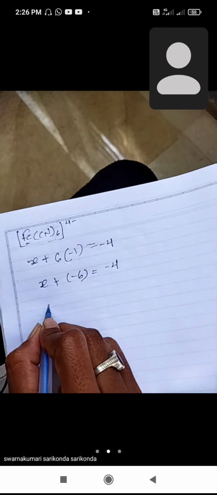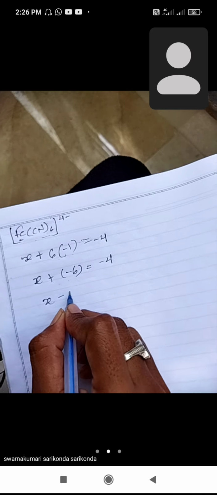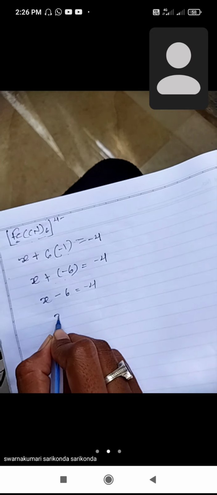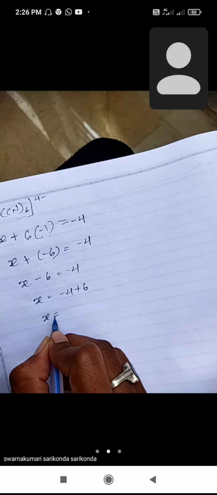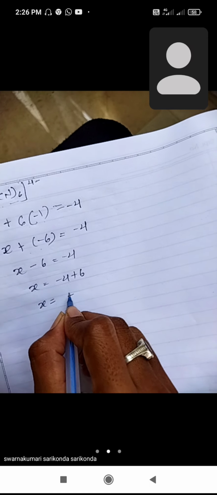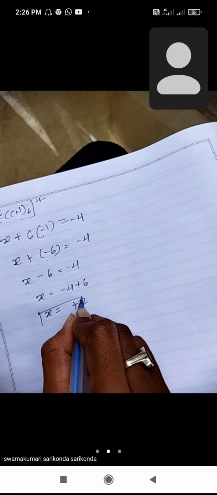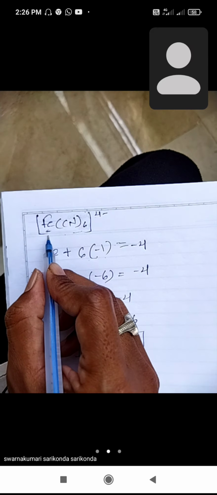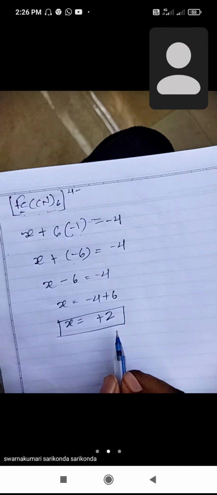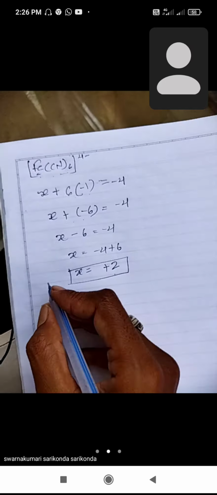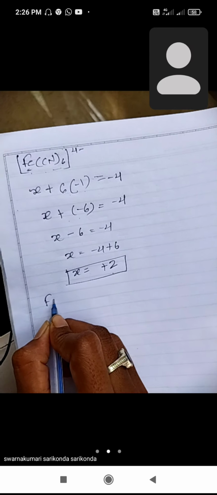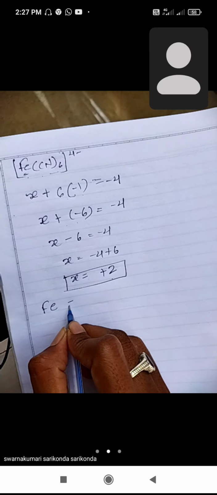So x is equal to minus 4 plus 6, so x is equal to plus 2. Here the central metal atom's oxidation state is plus 2. First of all we write the electronic configuration.